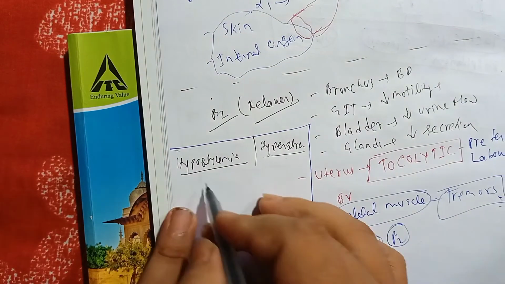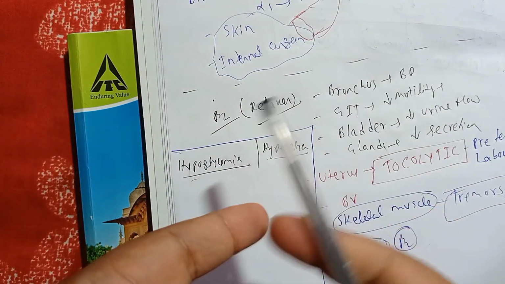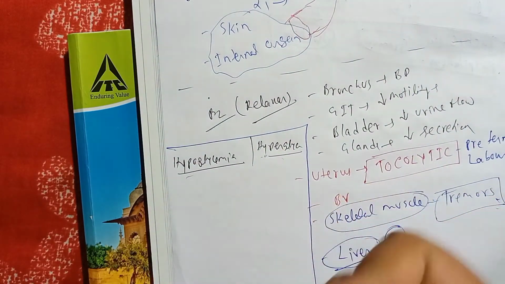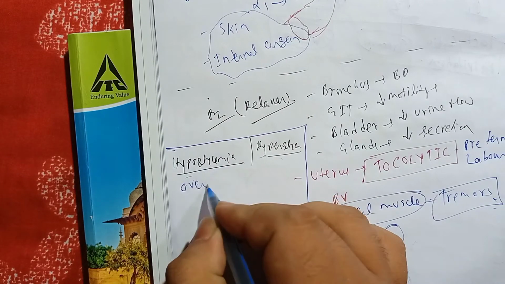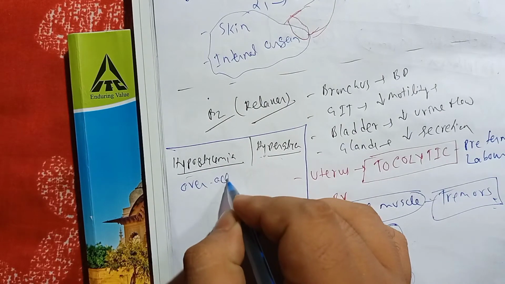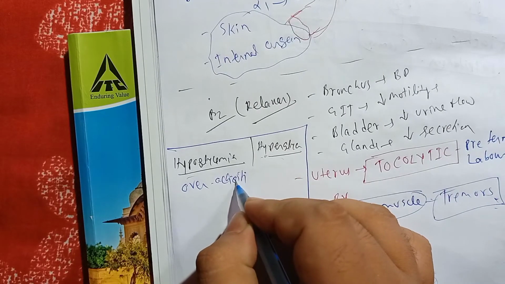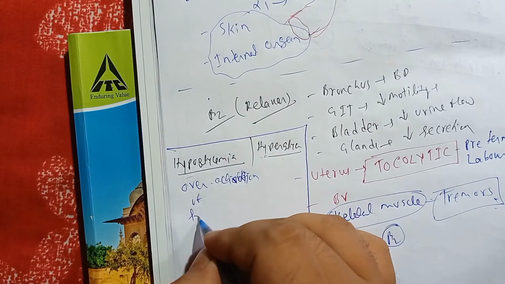Now in case of hypoglycemia, whenever there are conditions related to hypoglycemia, at that time there is overstimulation of sympathetic activity.